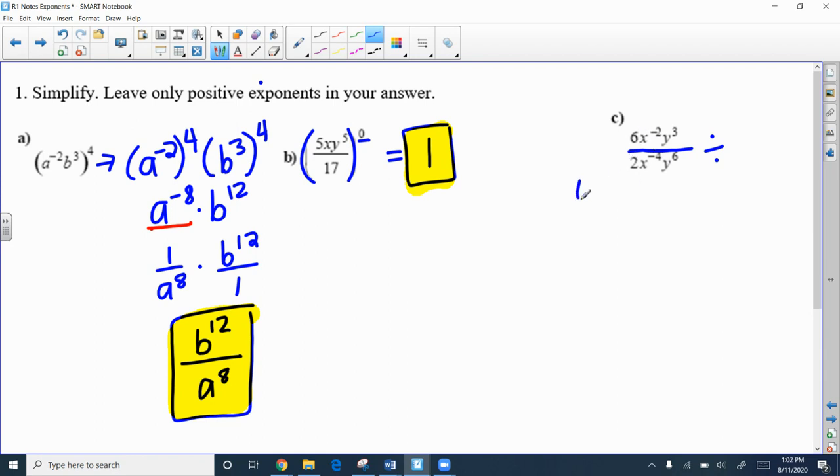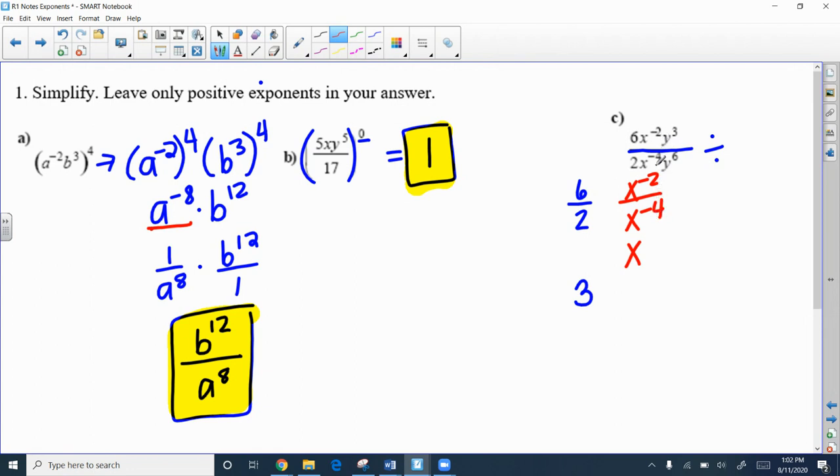So for the number part, we have 6 over 2. That just means divide. So 6 divided by 2 is just 3. For the x's, I have x to the -2 divided by x to the -4. So the rule for dividing is we're going to keep the base and we're going to subtract the powers.